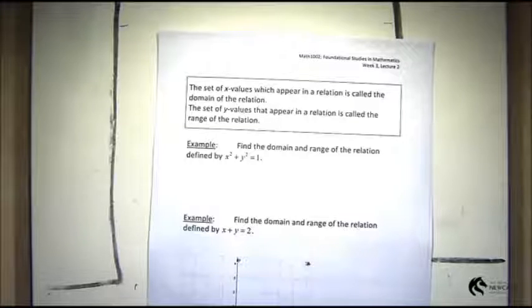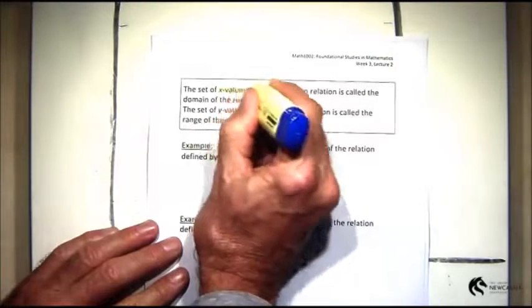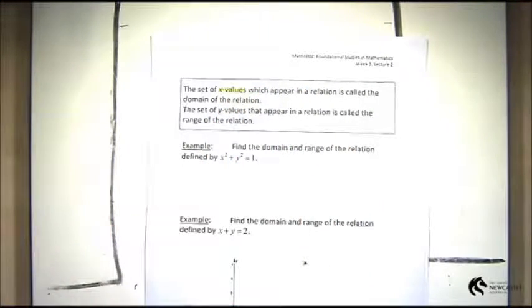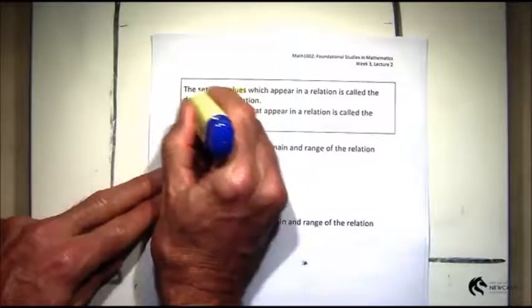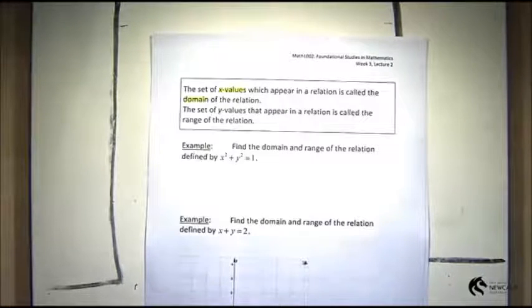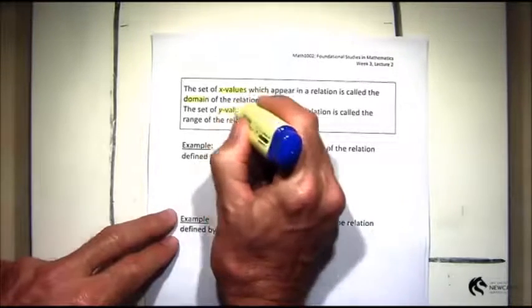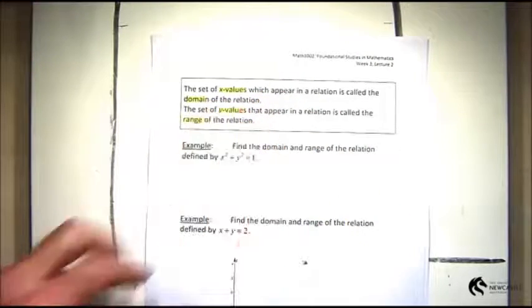For that relation, the set of x values that are in there, let's just say the set of x values which are used, that's called the domain of the relation. Whereas the set of y values up here is called the range of the relation.